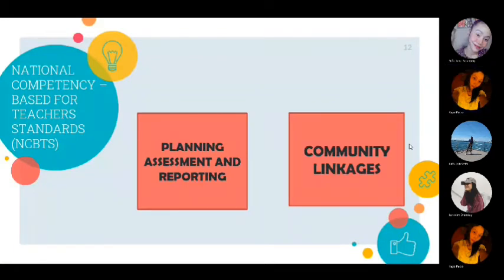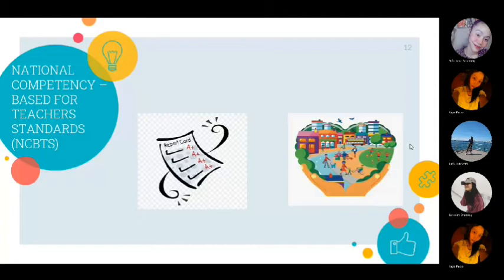So next is the fifth domain of the National Competency-Based Teacher Standards, or NCBTS. It is planning, assessment, and reporting. The domain of planning, assessing, and reporting refers to the aligned use of assessment and planning activities to ensure that the teaching-learning activities are maximally appropriate to the students' current knowledge and learning levels.